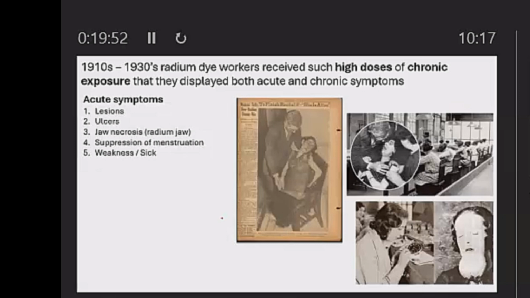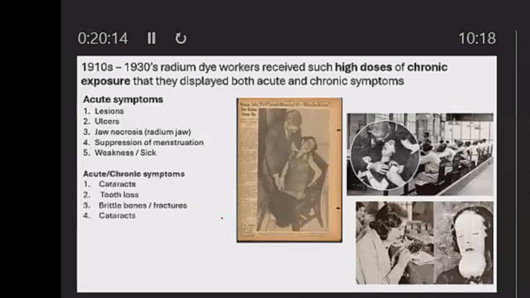People that get exposed to radiation will break out in herpes, and they'll get sick all the time from other sicknesses. It's almost like getting HIV, AIDS. Okay, they had some symptoms which are sort of acute and chronic.